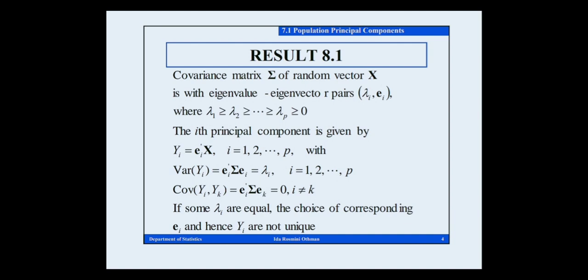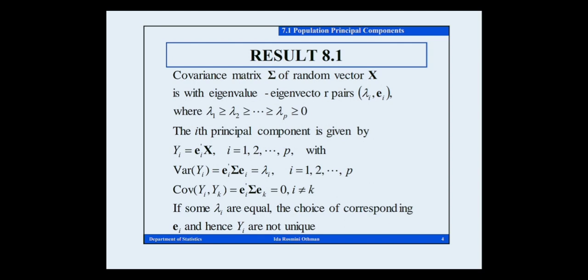If we have matrix A or the variance covariance matrix, using the formula, what is the formula, absolute value of A minus lambda I equal to 0, you will get the value of lambda i.